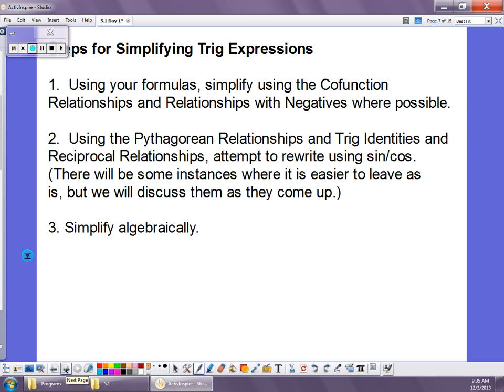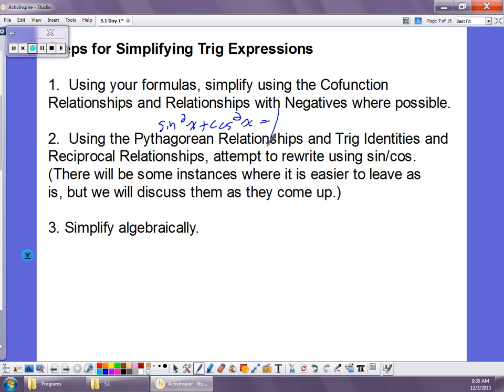All right? So when we're simplifying these trig expressions, you want to first use your formulas, your cofunction relationships, and relationships with negatives anywhere possible. Okay? Then you want to use your Pythagorean relationships, which is your sine squared x plus cosine squared x equals 1.